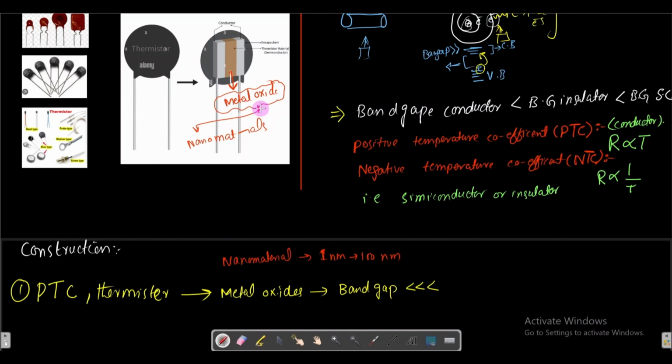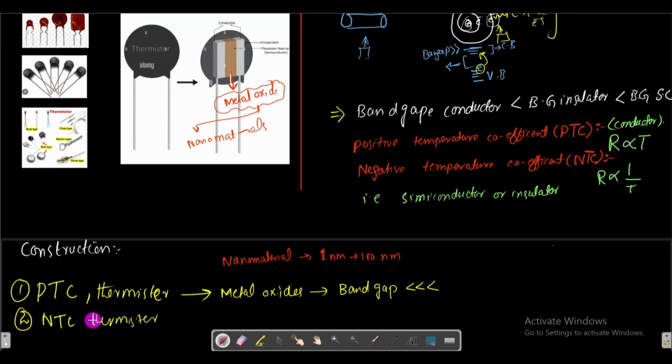This will be used as a sensor device. And similarly, the second type of thermistor is the NTC thermistor.